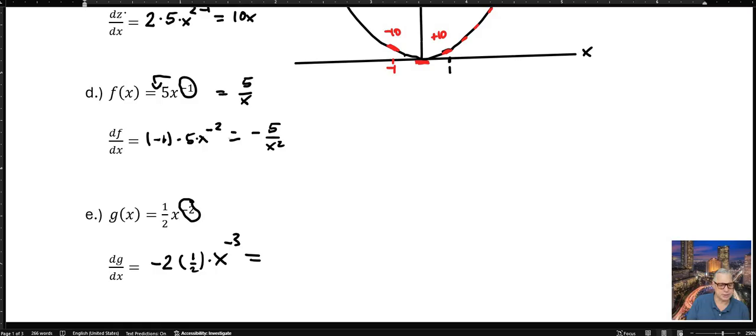Okay, so this negative 2 cancels out with the 2, and then we are left with negative 1, and then we get negative 1 over x cubed.